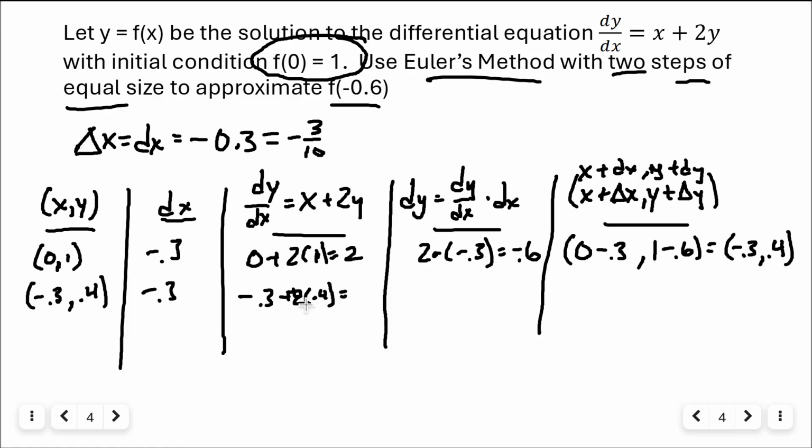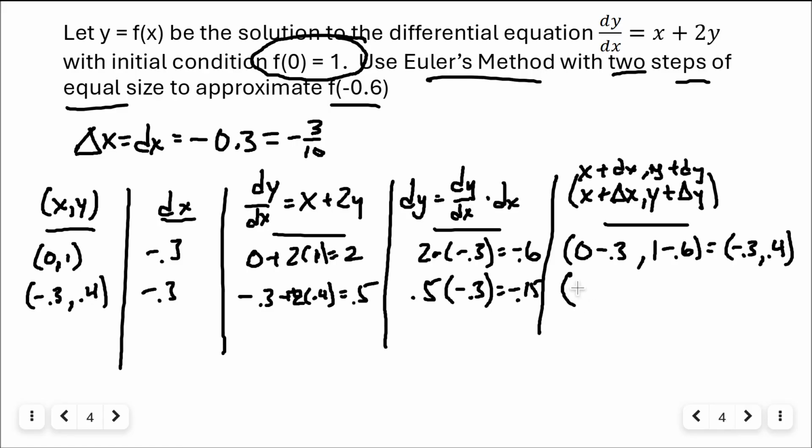So that's 0.8 minus 0.3, that's 0.5. So dy is 0.5 times dx, which is negative 0.3. So let's see, that's negative 15, move the decimal 2 places, negative 0.15.